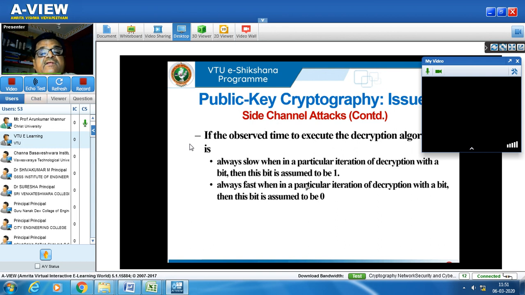With this, what are the typical applications of public key cryptography, and what are the different types of issues in the public key cryptography, are the points that we discussed today. In summary, by making use of a session key, which is a random number, we can overcome the limitation of public key cryptography.